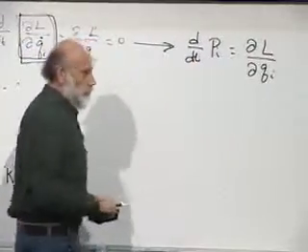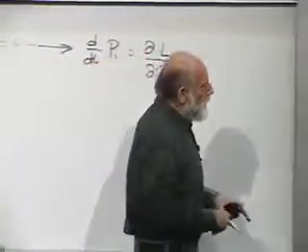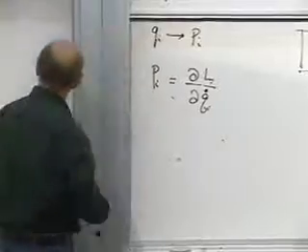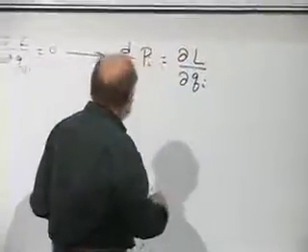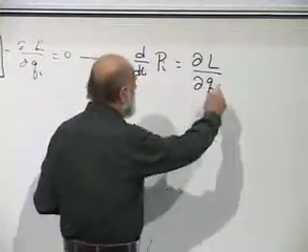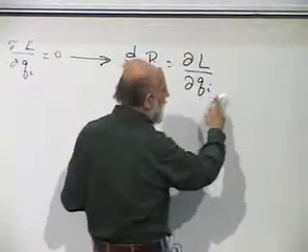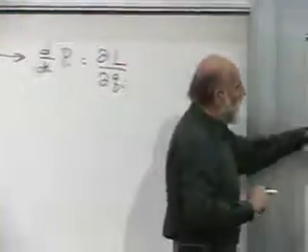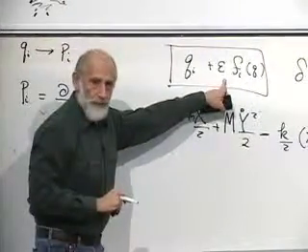Here are Lagrange's equations of motion. Let's take each one of these equations and multiply left-hand side and right-hand side by delta q, the change in q when you do the little symmetry operation here.